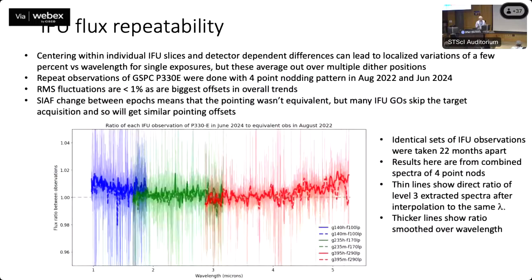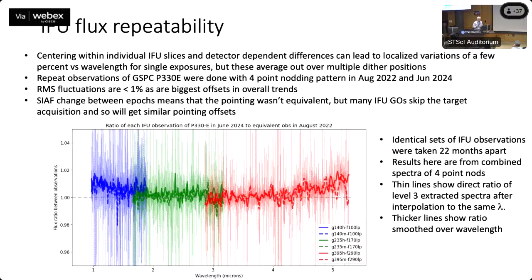The IFU mode is a little bit trickier, since you're projecting things onto different parts of the detector. In fact, between these two observations, we changed the pointing so that we shuffled around the slices a bit. Depending exactly where you put in the IFU, there can be differences of the order of a few percent, based on both exactly where you land in an individual slice and what part of the detector you're projecting on.